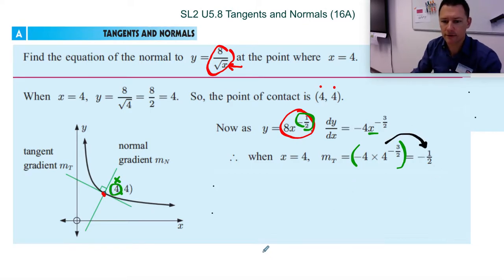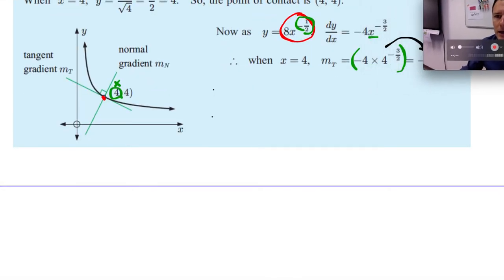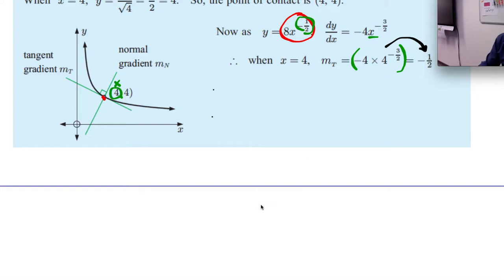Think about this. Negative 4 times this, you could think about as 4, the square root of 4 cubed. The root is the 2 in the denominator, the 3 is the cubed, and then take all of that to the negative 1.